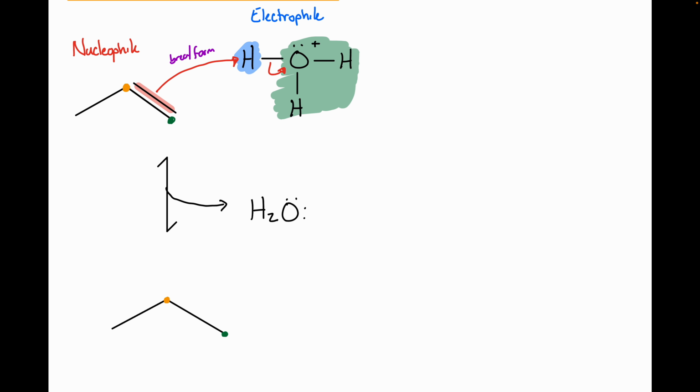The other one's going to be a carbocation. Which is going to be which here? Where am I going to form my carbocation? On the orange carbon or the green carbon? The orange. And why the orange? More substituted, meaning more stable of a carbocation. Right, so we'll get our new carbon-hydrogen bond over here, and we again have a mechanism with a carbocation intermediate.